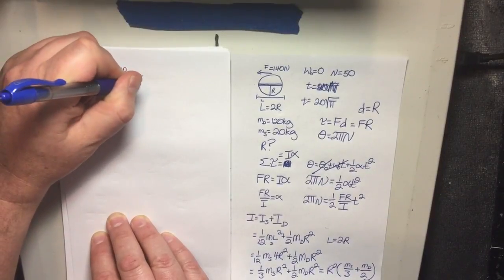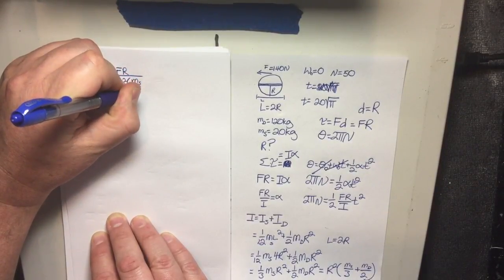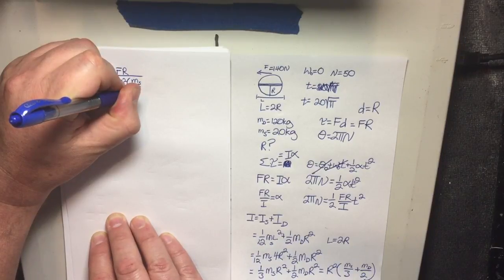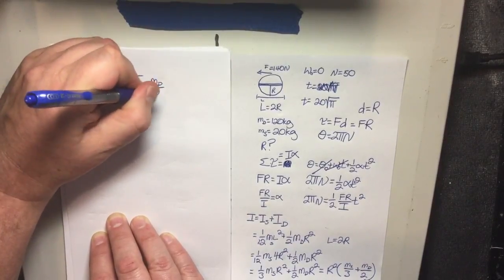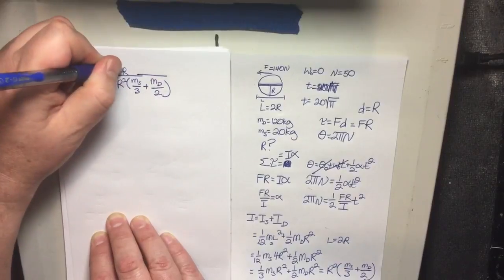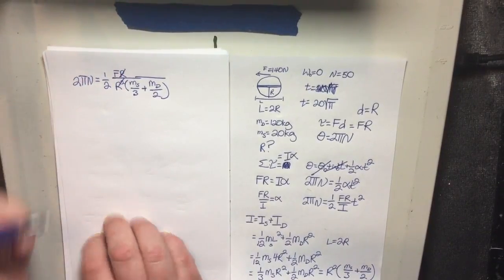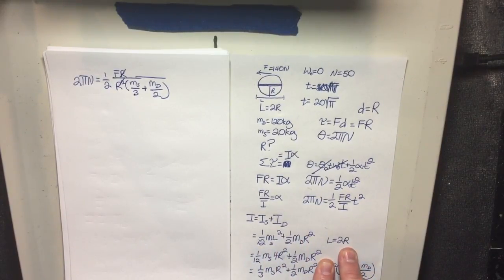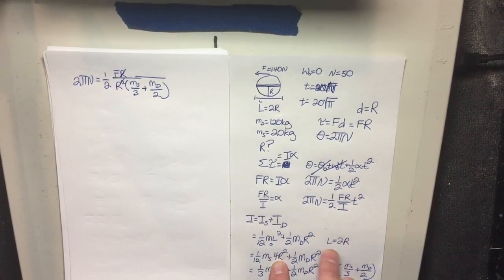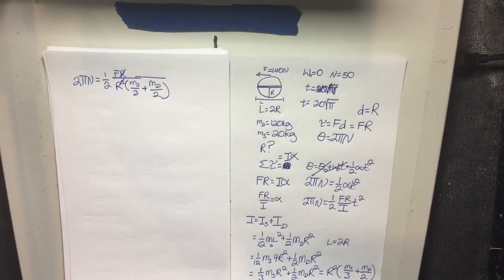Yes. All right, hold on just a second. So you're wondering what went on between here and there. L is equal to 2r. So L squared is equal to quantity 2r squared, or 4r squared.